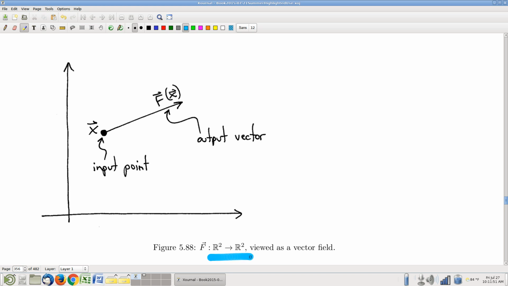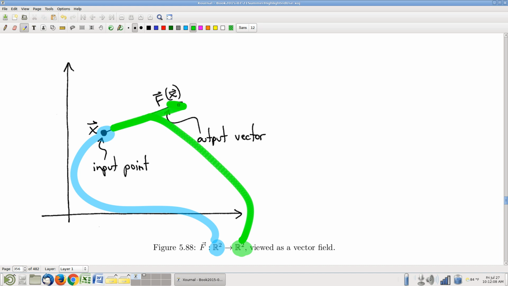Now, still R2 to R2, but we interpret the domain R2 as giving us locations in our space, and we interpret the target R2 as giving us vectors that we associate to those locations. Everybody see what I'm talking about? It's a little bit weird, right?